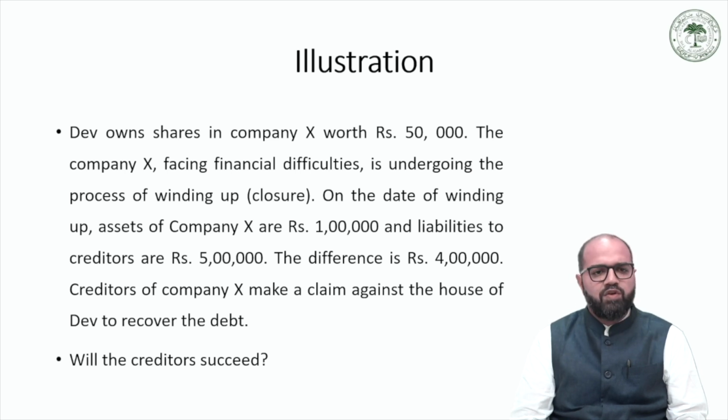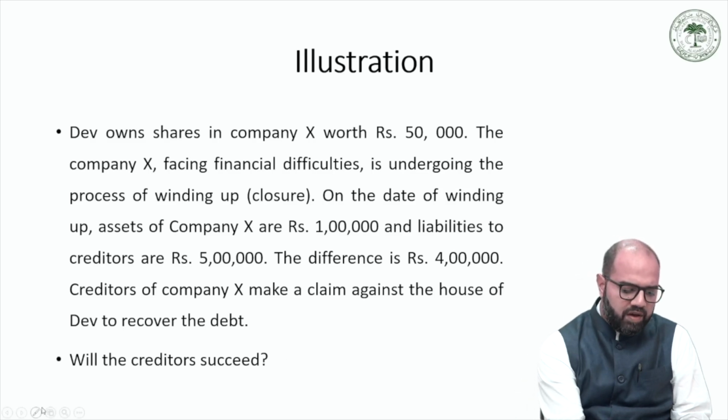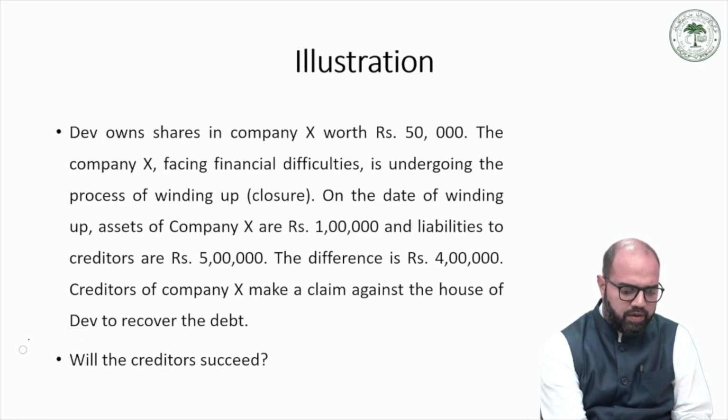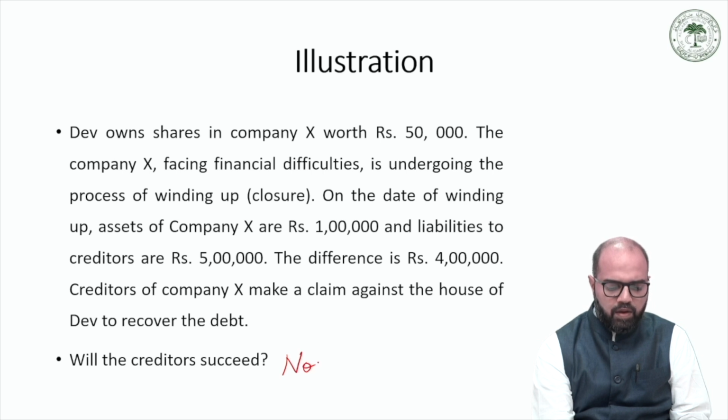So the question before you is whether in such a scenario the creditors would succeed in this action or not. So going by the principle of limited liability and the theory of owner shielding, in this case the creditors of the company will not succeed, because the shareholder shall be protected by the theory of owner shielding.